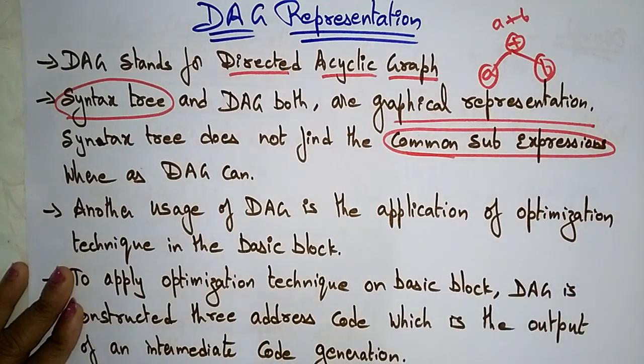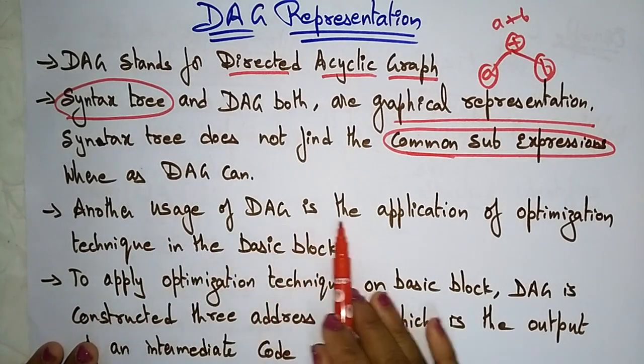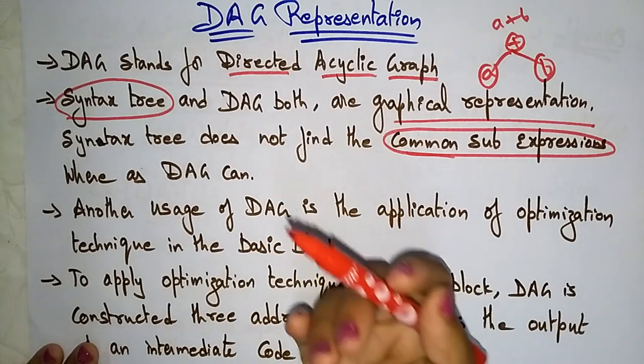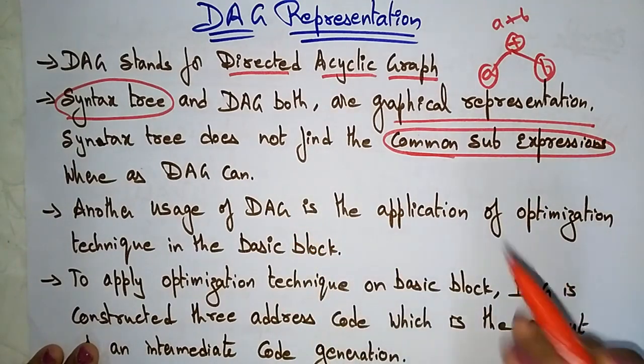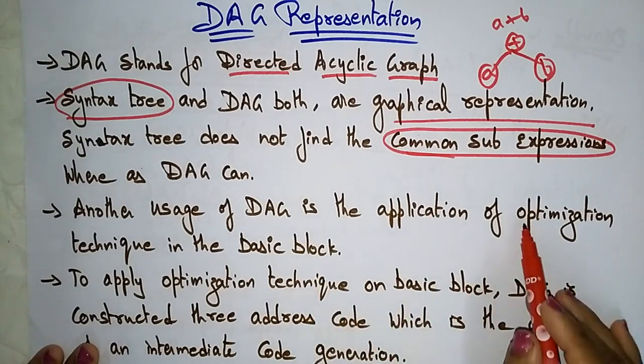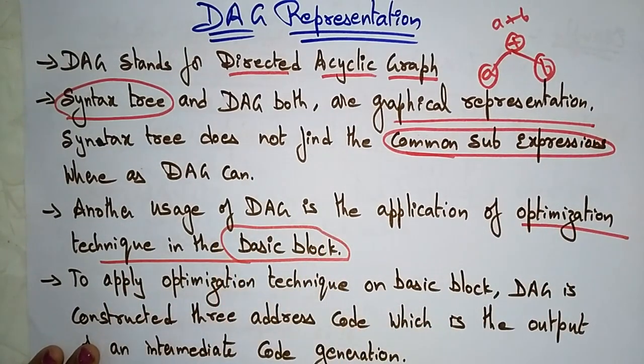First, let me explain what a DAG, a directed acyclic graph, is, and what the algorithm of this DAG is. Another usage of DAG is the application of optimization technique in the basic block. So the DAG finds the common sub-expressions, and at the same time it is an optimizing technique in the basic block.